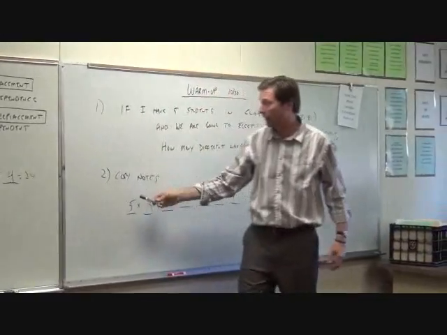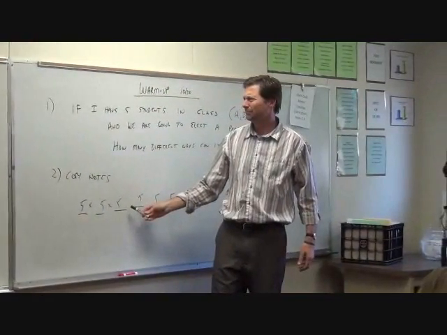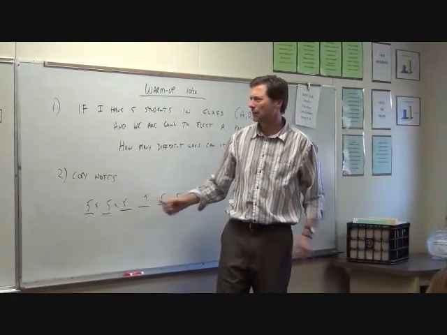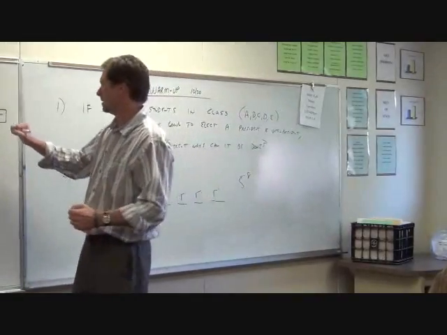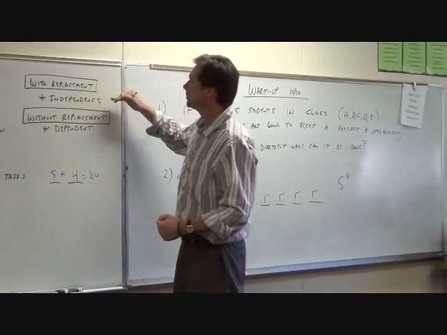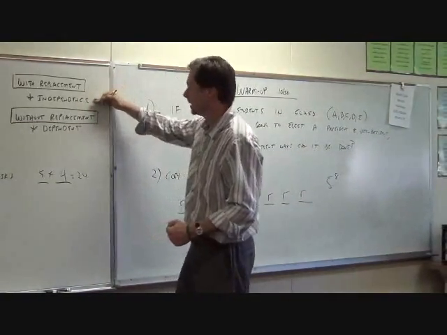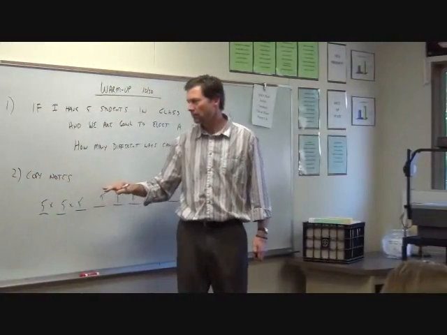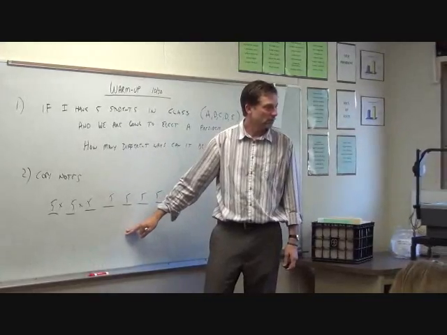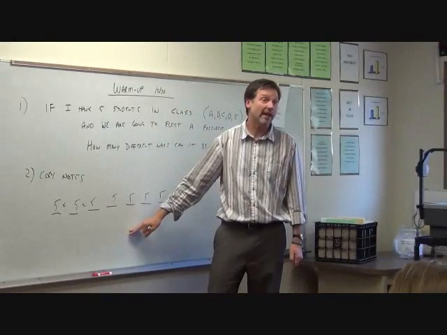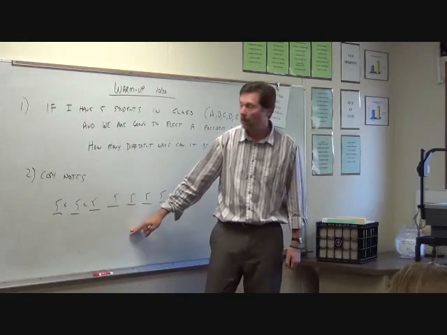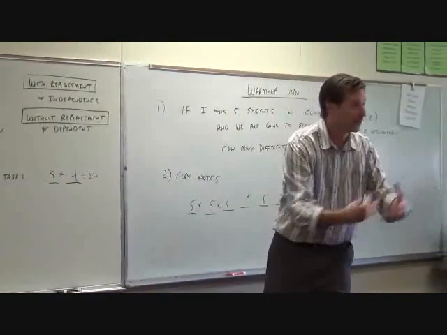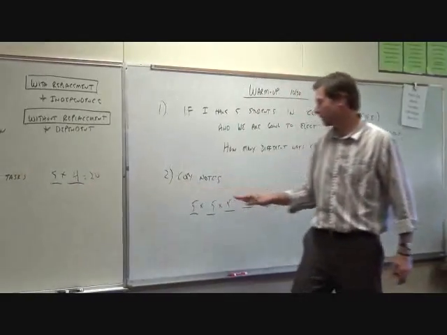I'm sorry, I got that backwards, didn't I? With replacement is independent, that's correct. In other words, I have A through E again. Without replacement, in other words, that person doesn't go back in, that person's out, then that's the president and vice president one. So those are examples.